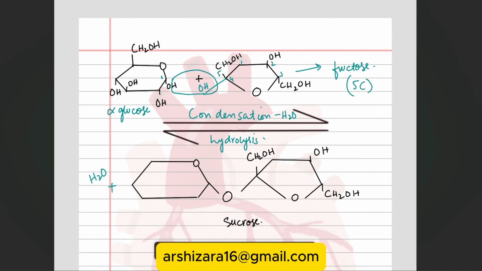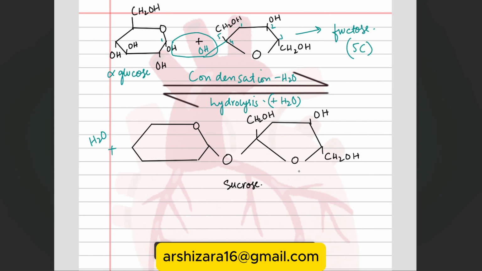If you're converting sucrose back to glucose and fructose, it goes through hydrolysis and we add water. That's why it's a reversible reaction, and that's why we write this type of arrow. So this is the molecule of sucrose.